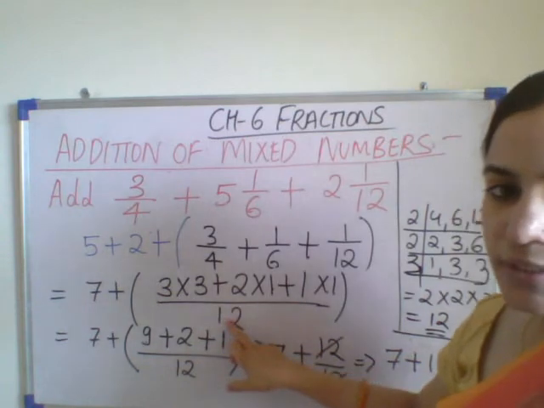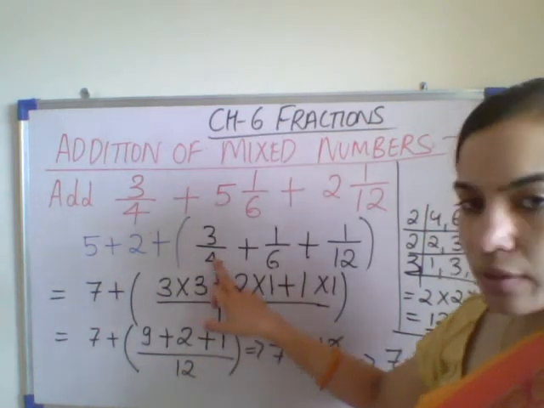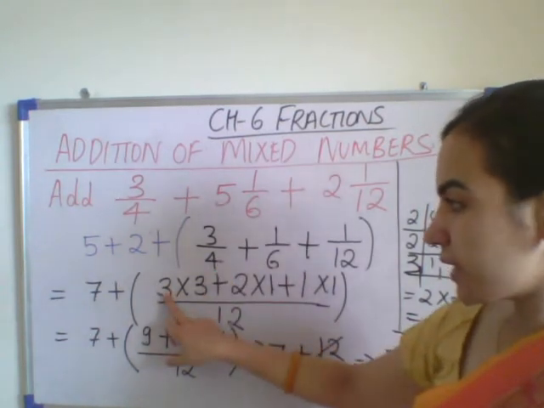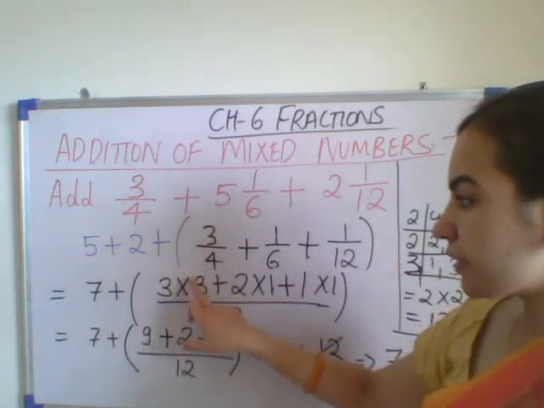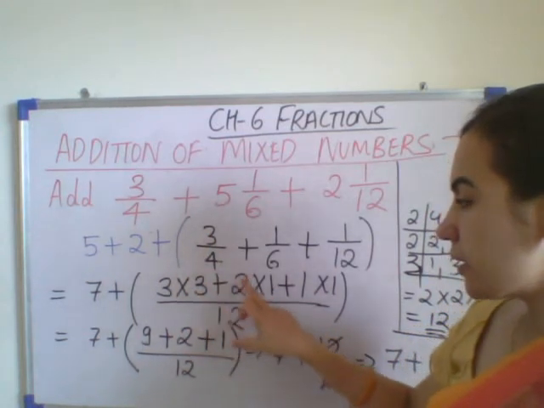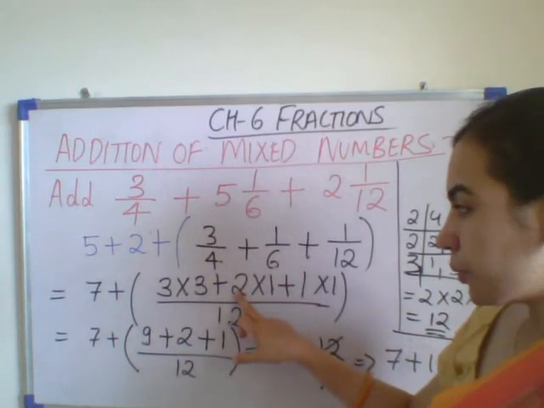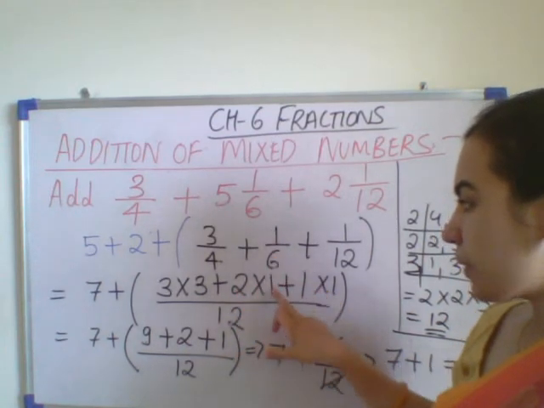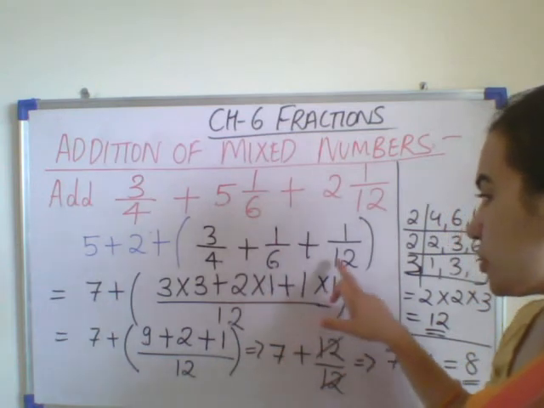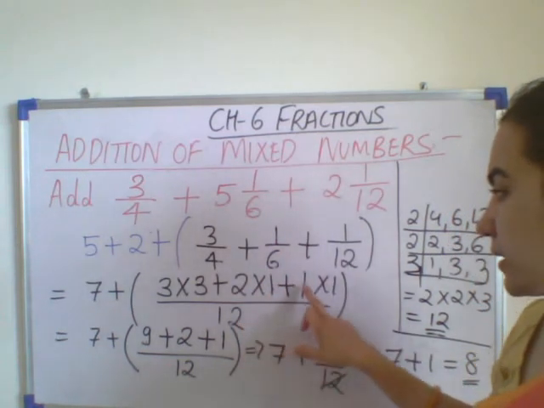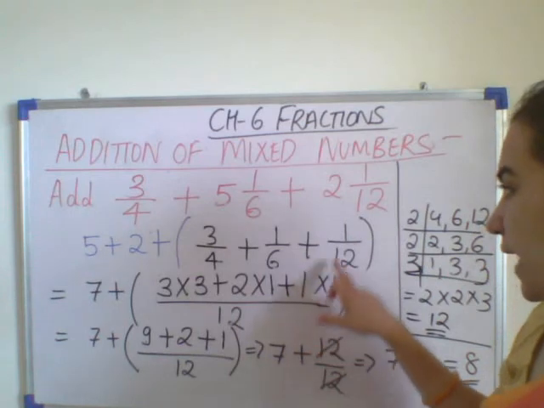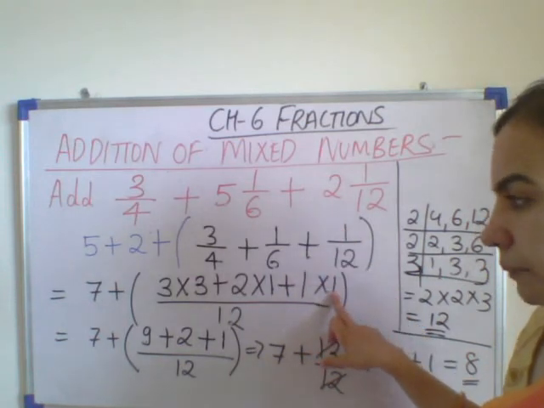Now you have to divide 12 by 4. It comes 3. Then you have to multiply it with the numerator, plus. Again you have to divide 12 by 6. So we get 2. Multiply by this numerator 1, plus 12 divided by 12, that is 1, multiply by this numerator 1.